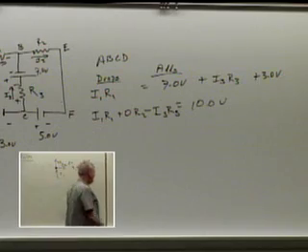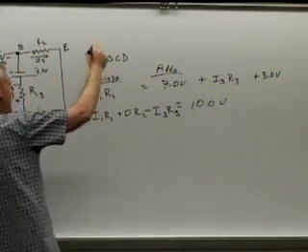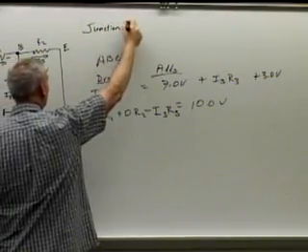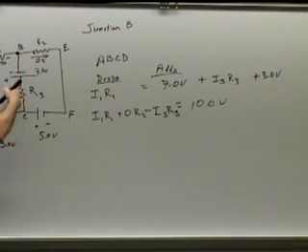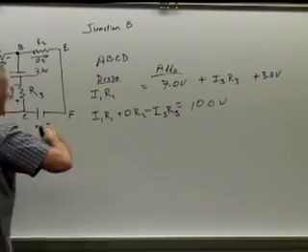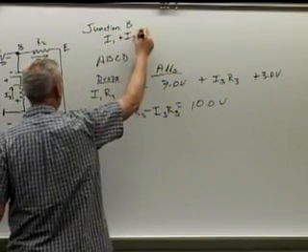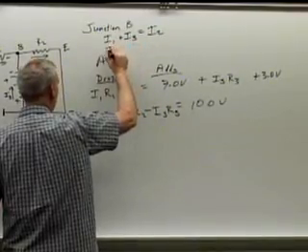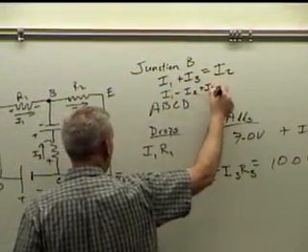And this equation here, for the junction at B, is going to be I1 coming in plus I3 equals I2. And I just rewrite that one as I1 minus I2 plus I3 equals 0.